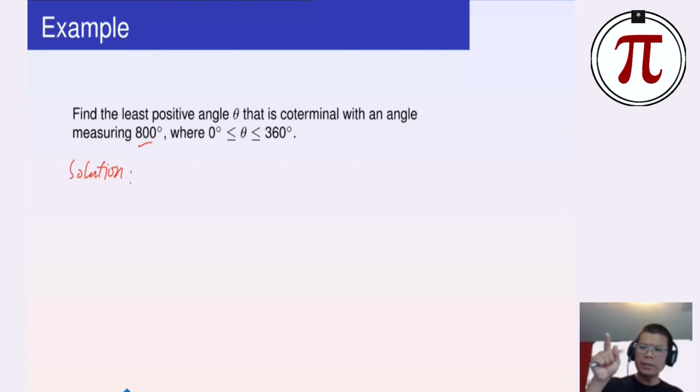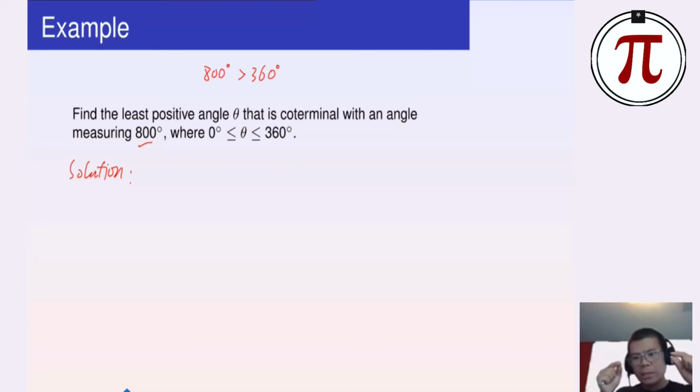We know that one full rotation is how many degrees? 360 in one full rotation, right? 800 is more than 360. We see that 800 degrees is greater than 360 degrees, so it definitely goes one full rotation and then comes back, right?